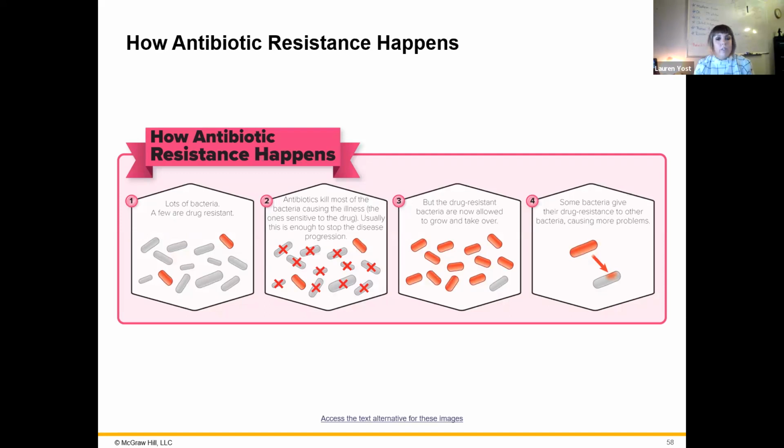So how does all this happen? I've kind of already brought this up. You have a few bacteria in a population that might just be chilling, that just happen to have these mutations, or plasmids that could confer resistance to a drug of some kind.